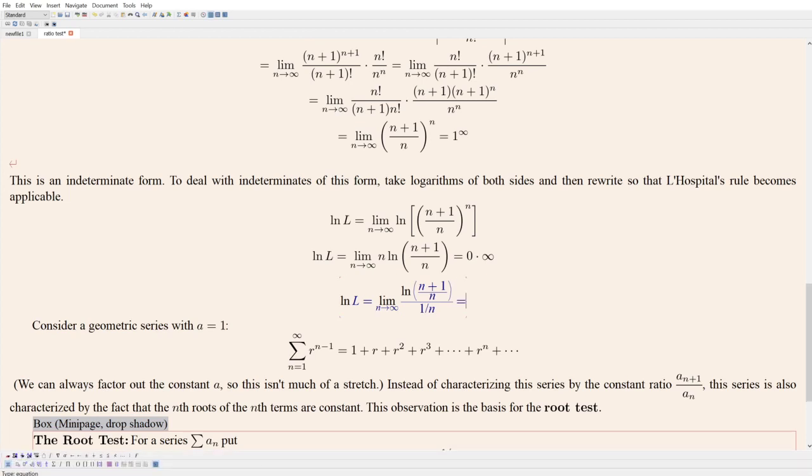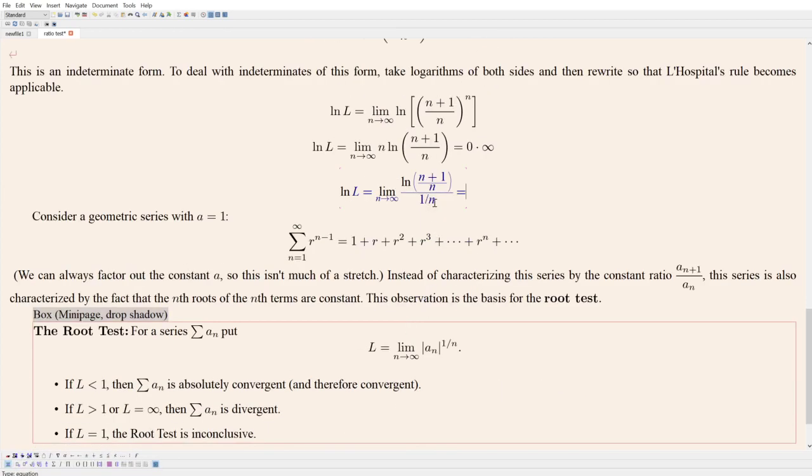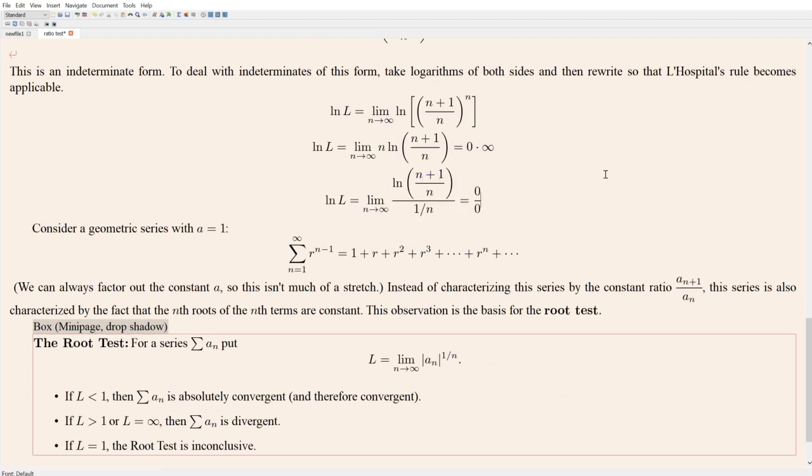Okay, because now when n goes to infinity, this goes to 0, this goes to log 1, which is 0. So we get 0 over 0, which means that now L'Hopital's rule is applicable.